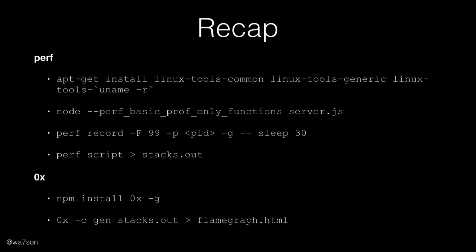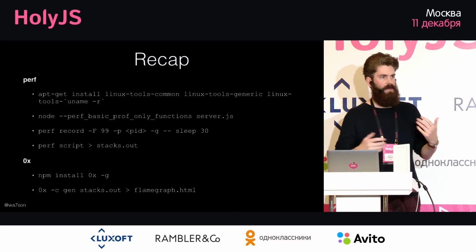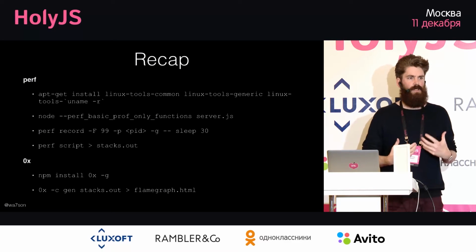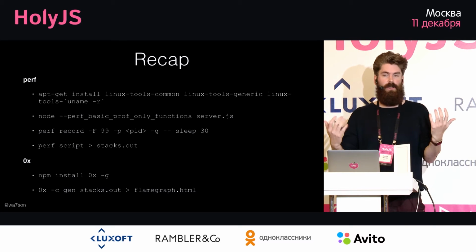To recap, you need to have a few tools installed on your Linux machine, on your server, to do this. I just put them up here. As I said, I tweeted the slide, so you can find this information online. You need to run Node with this magic flag to be able to save the metadata to the temp folder, so it knows what these stack frames are, so it's not just unknown frames.